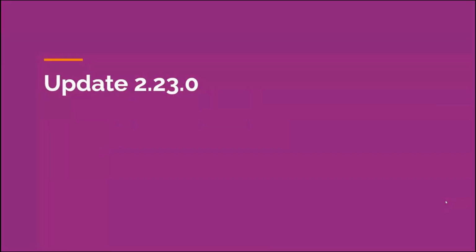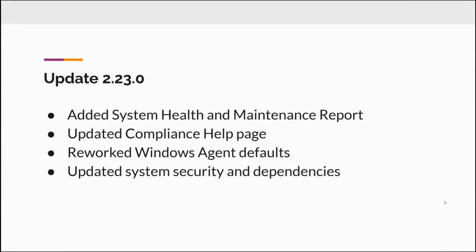So update 223. For 223, one of the largest things that you're going to see is the system health and maintenance report. I'm actually going to break down everything that is in that report and all of the specifics so we can see the usefulness of it. We also updated the compliance help page.